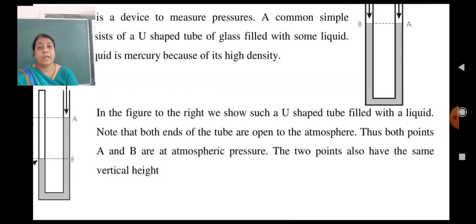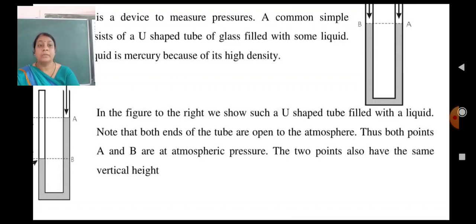Mostly we use mercury because it has a high density. In the figure on the right side, we show such a U-shaped tube filled with the liquid. Note that both ends of the tube are open to the atmosphere.